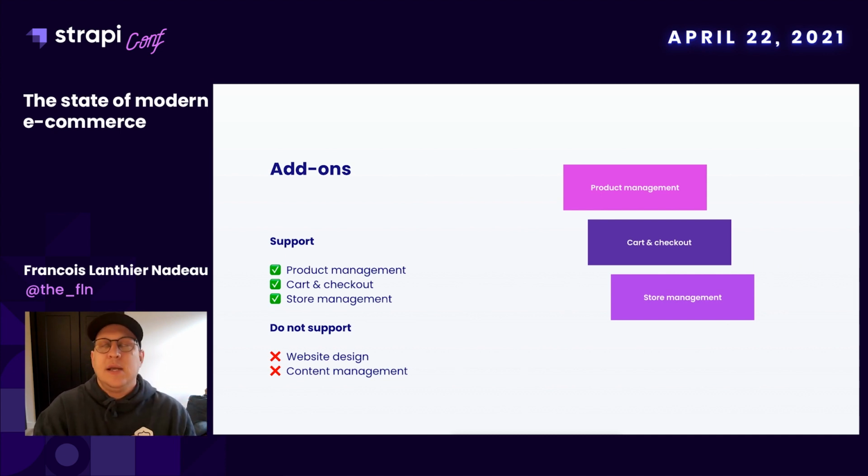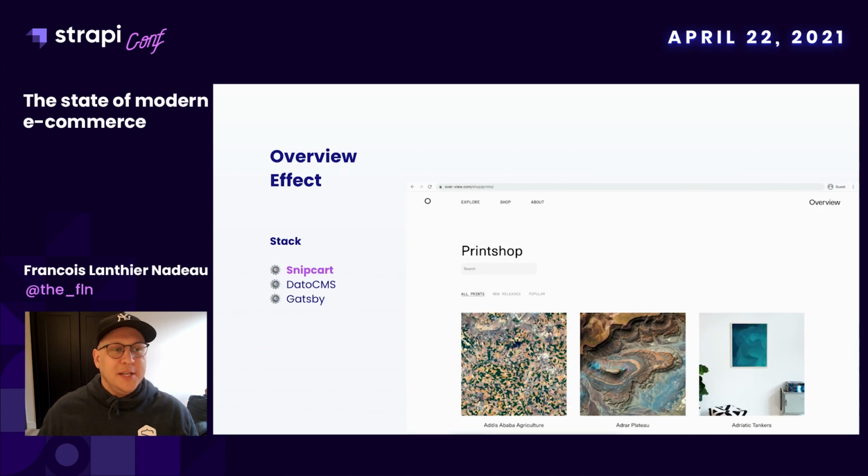For instance, here you have a website that I love called Overview Effect. You should definitely check it out. The stack is an e-commerce add-on, which is Snipcart. The front end and the website design is done in Gatsby. And the backend content management is in Nadeau CMS, a beautiful product.